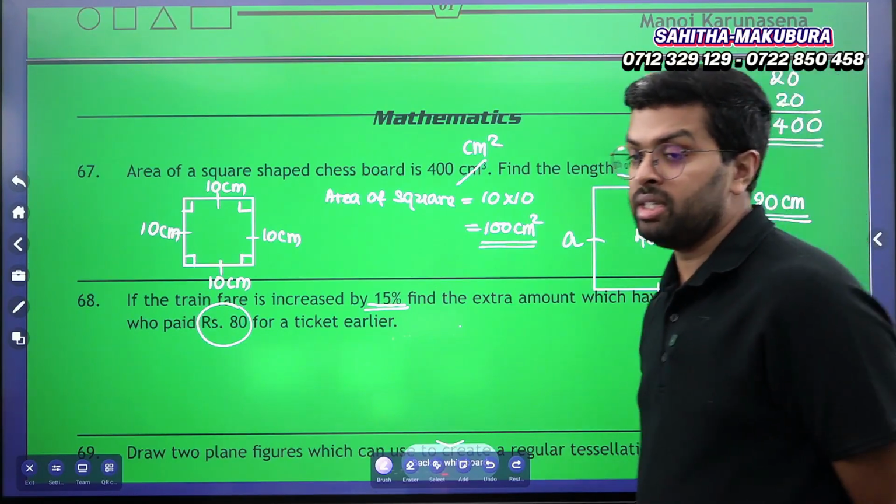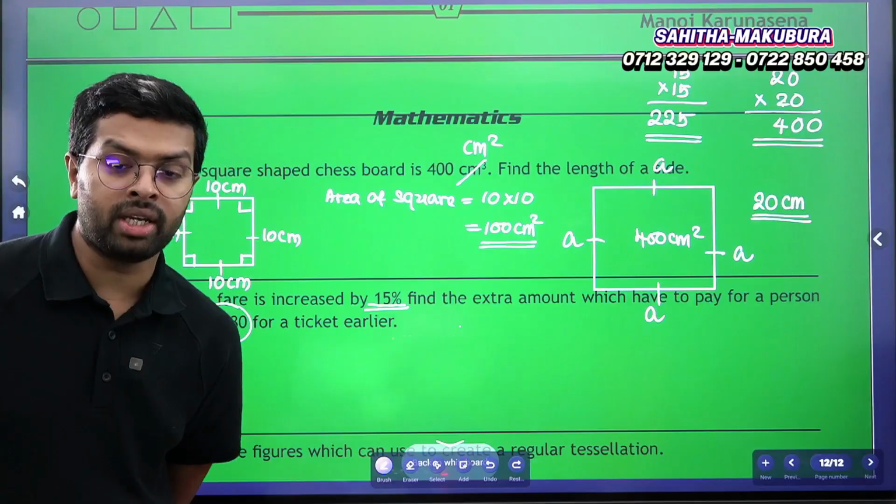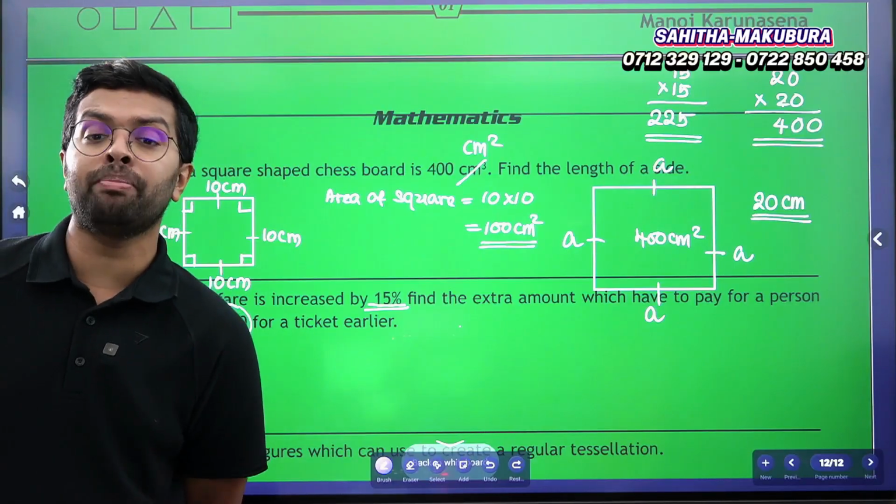Now this person earlier paid 80 rupees. Now the price of a ticket is increased by 15%.